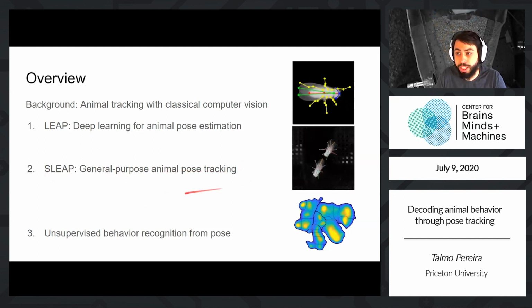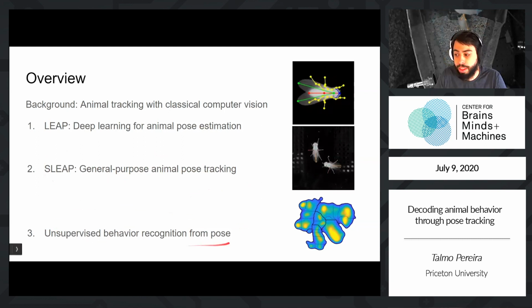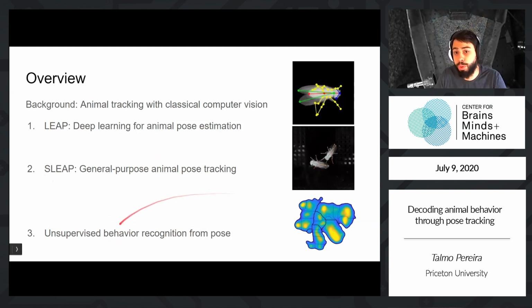And we'll get into the challenges that emerged as we evolved from one to the other. And then finally, I was going to end with a couple of stories of how we can use unsupervised machine learning to recognize behavior directly from pose tracking or animal body movement signals.